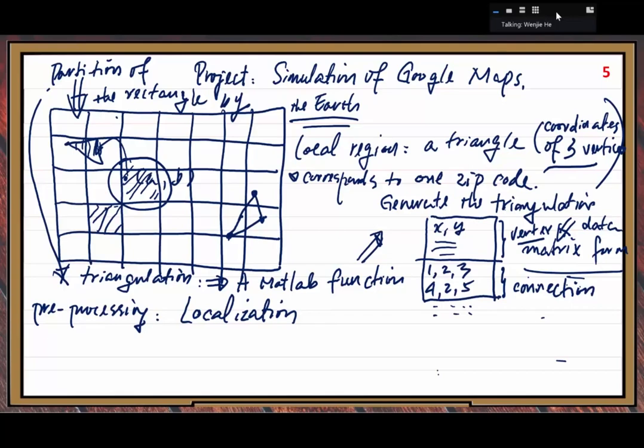That calculation time is pretty fast. So you can output the final triangle number that contains this point very fast. After you click the button, about 0.2 seconds.